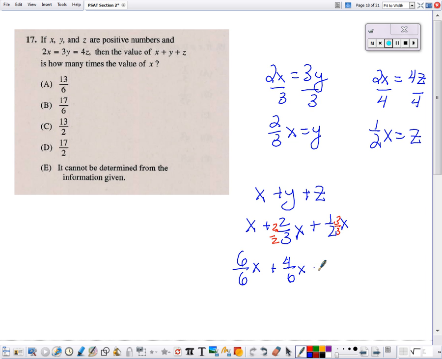So we have 4/6 plus 3/6. Adding all together, we get 13/6 x, and that is the value of how many times the sum is larger.